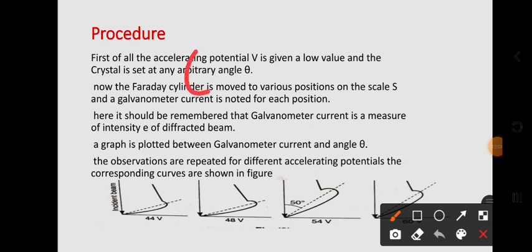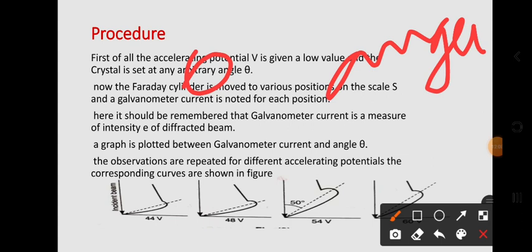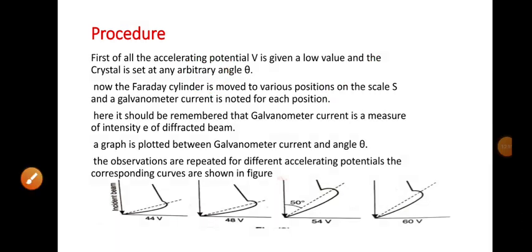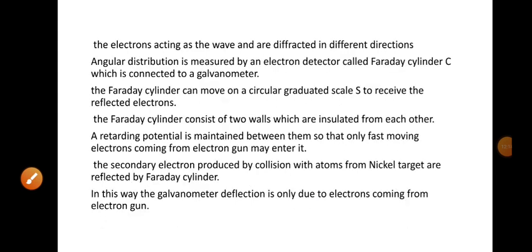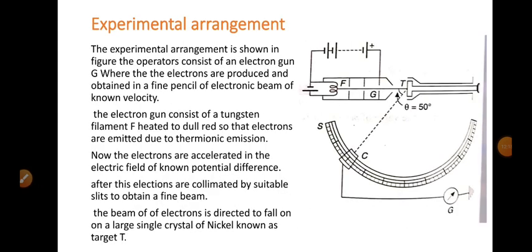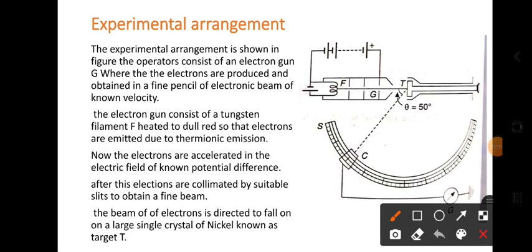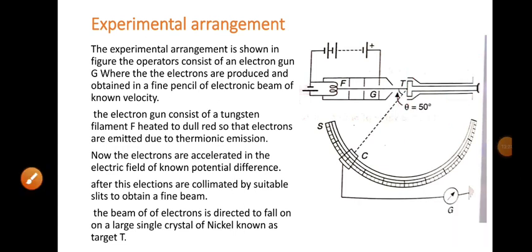Arbitrary angle means a changeable angle, so we can change the arbitrary angle. Once again see the diagram, then you can easily understand. The target is set at theta equals 50 degrees only. See clearly.